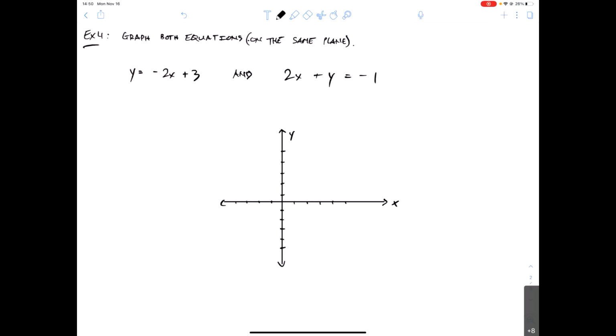So in purple, or just a different color, I should say, you have y equals mx plus b. It's already in the correct form that it needs to be. In fact, we can graph that first. So you go to 3 on the y-axis, because the y-intercept is 3.